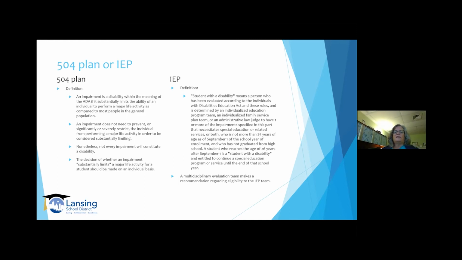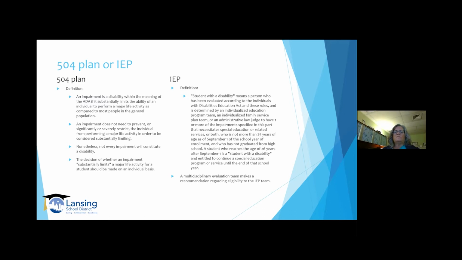So the definition of an IEP starts with a student with a disability, and that means a person who's been evaluated according to the Individuals with Disabilities Education Act, or the IDEA, and those rules are talking about the Michigan Administrative Rules for Special Education.